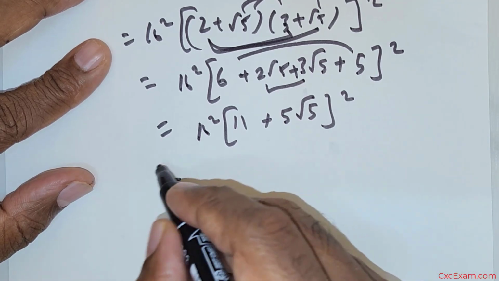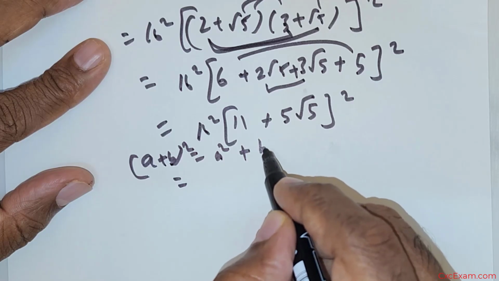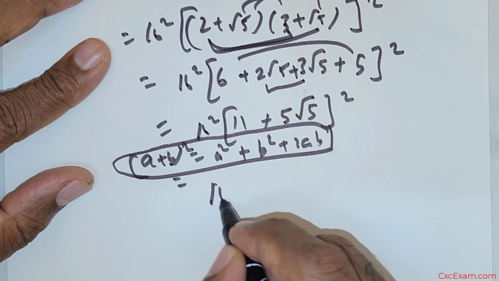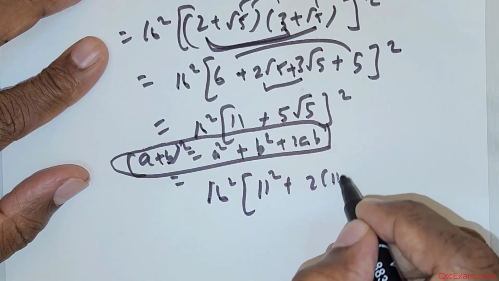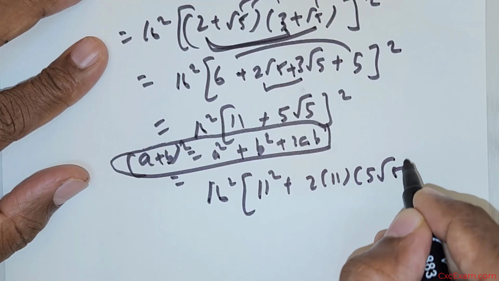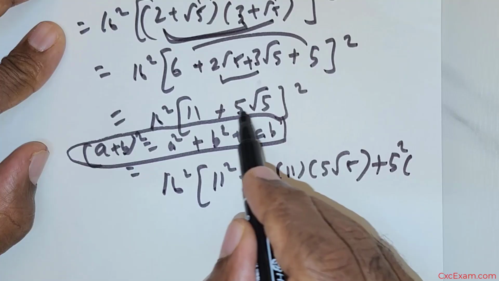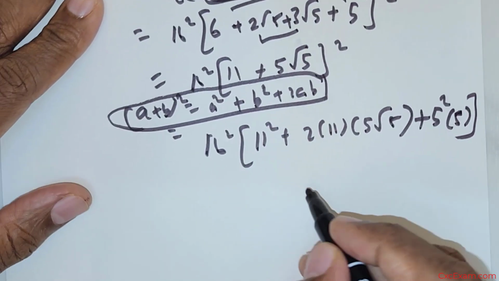You can utilize the (a plus b) whole squared formula, which is a squared plus b squared plus 2ab. So utilizing this formula, you have 16 squared times 11 squared plus 2 times 11 times 5 times root 5 plus 5 squared times, this is 5 squared and this is also squared, right? So that will become 5 there.